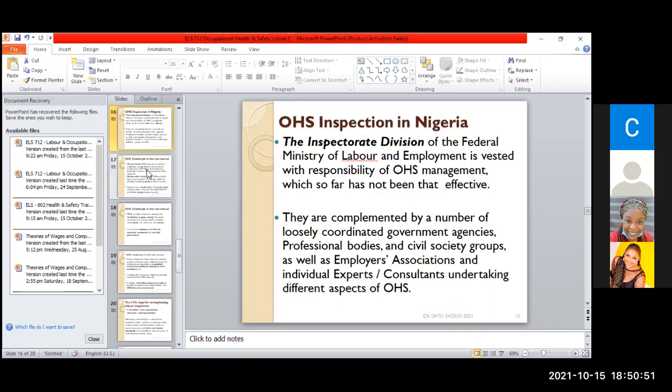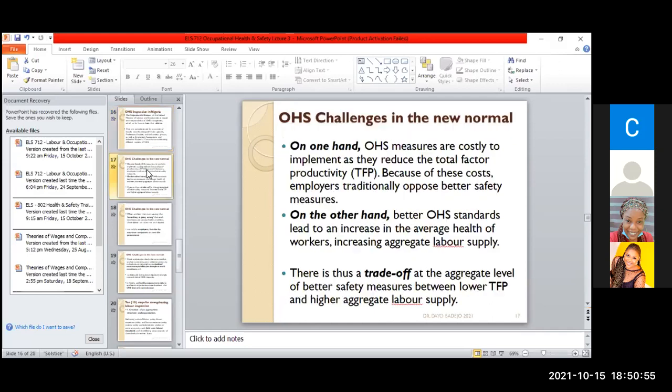However, there are some challenges, as I've said earlier: our insurance are not strong enough. On one hand, the measures are costly to implement, so they look at it from a cost perspective. On the other hand, the workers always look for better standards that will bring about better health of workers, to make them better off.